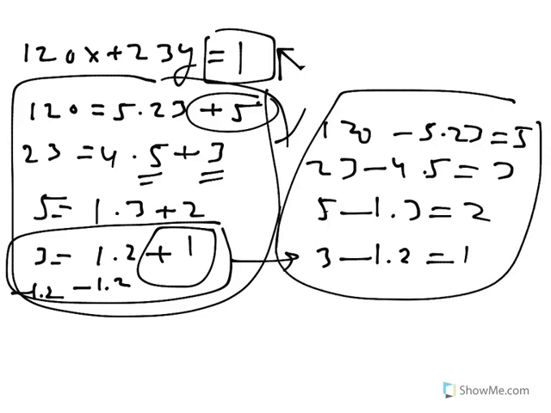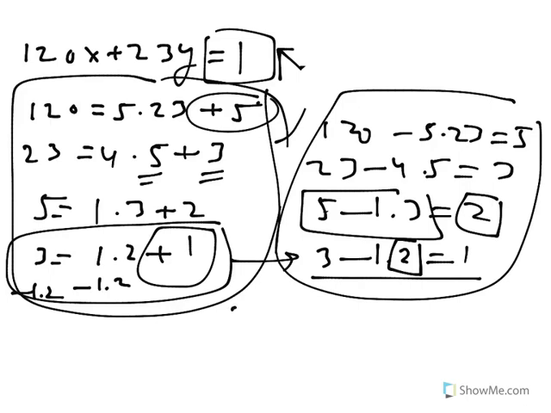Now comes the big process. We take this bottom equation here, and we replace this 2, noticing there's a 2 here also, with this entire expression. So it turns into 3 minus 1, parentheses 5 minus 1 times 3 equals 1. Then we distribute this negative 1 through.